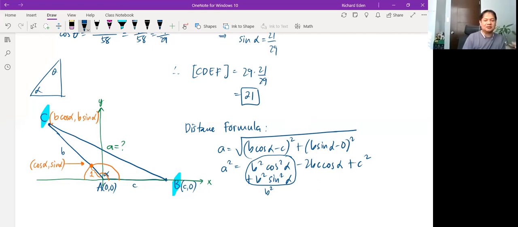So that's B squared times 1. And so finally, A squared is B squared plus C squared minus 2BC times the cosine of alpha. So that, my friend, is the law of cosines. How did it actually get solved in less than 30 seconds?